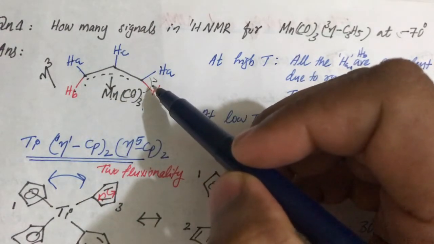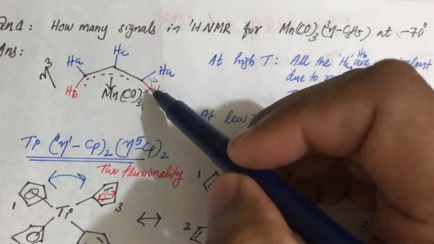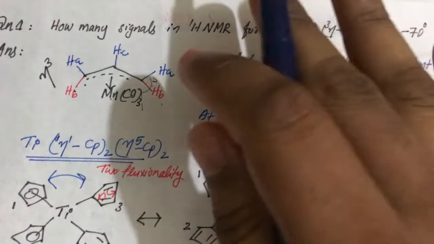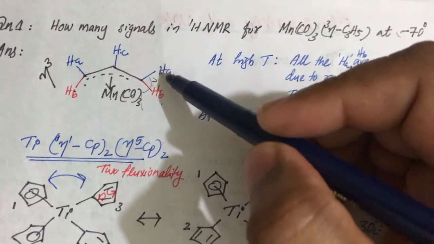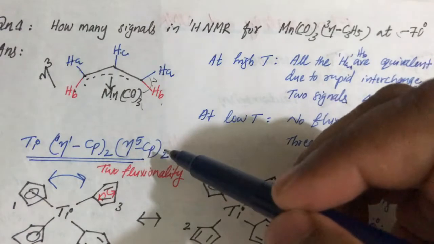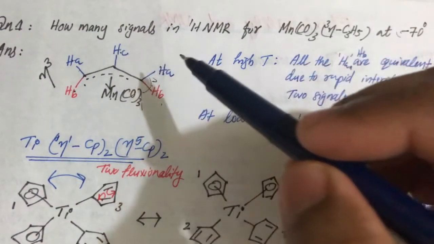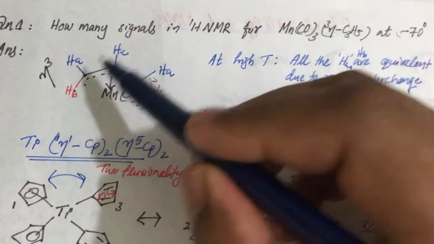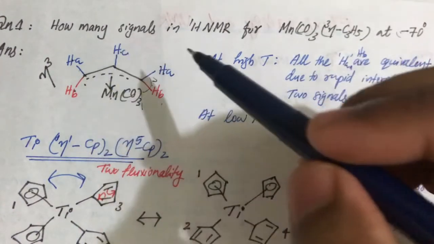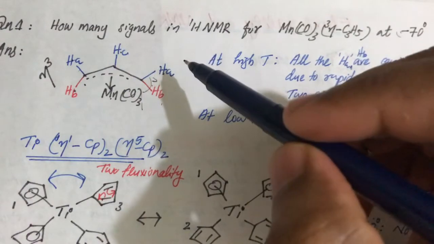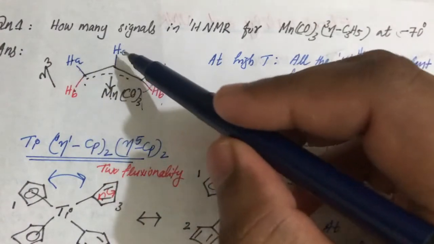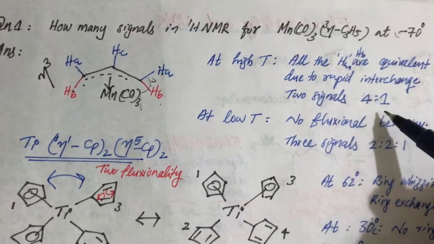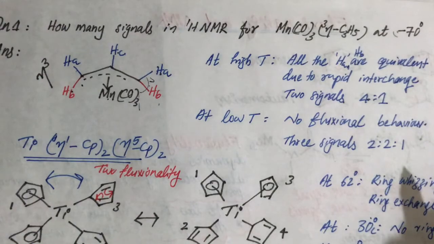That is fluxional behavior. That means at a high temperature these two hydrogens and these two hydrogens are in the same chemical environment. In effect these 4 hydrogens are equivalent, and this one is entirely different. So at high temperature, due to fluxional behavior, there are two kinds of chemical environment. It can exhibit 2 peaks in NMR due to these 4 and this single hydrogen, that is, 2 signals in a 4:1 ratio.